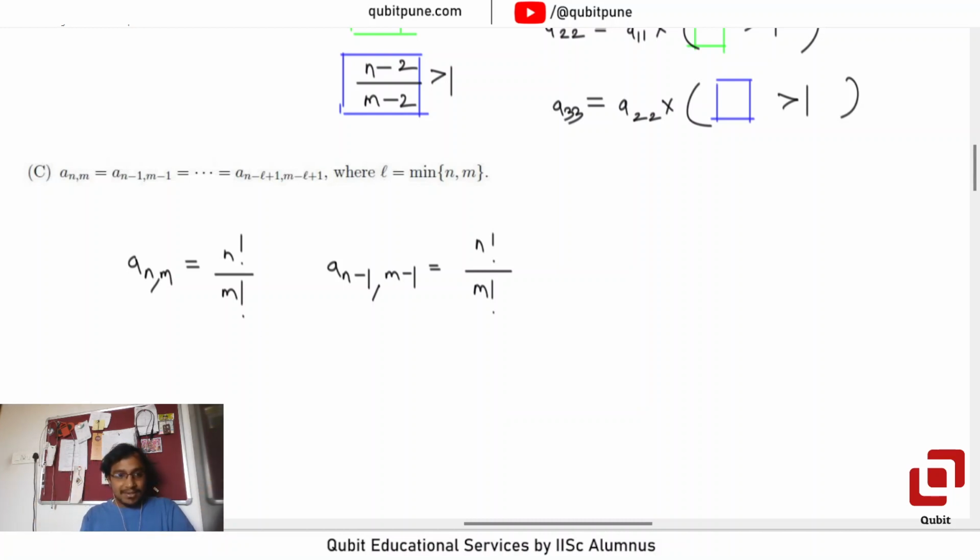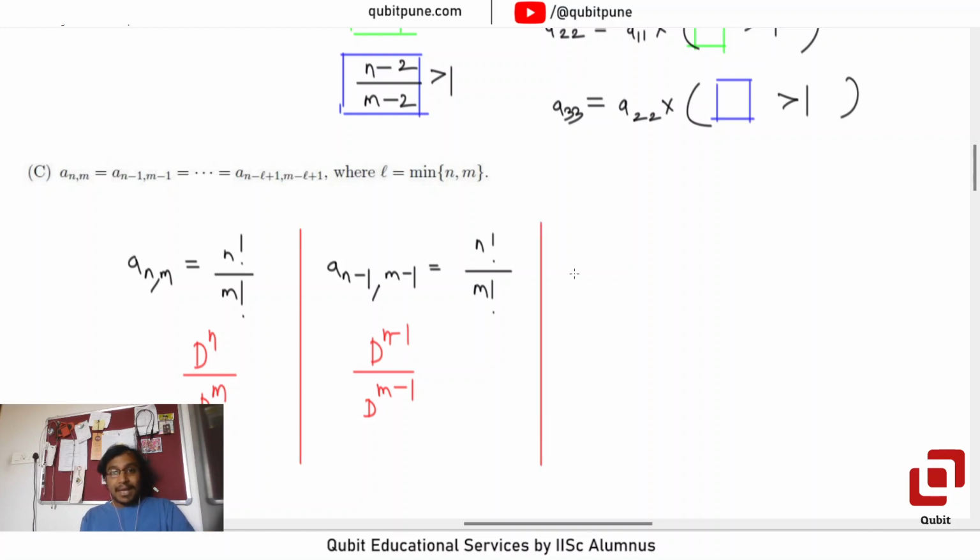Let me put it this way: d raised to n upon d raised to m, this is d raised to n minus 1 upon d raised to m minus 1, the order of the derivative, where d represents d by dx or d by dy. But now when it comes to A n minus 2 comma m minus 2, what do you think I need to write?